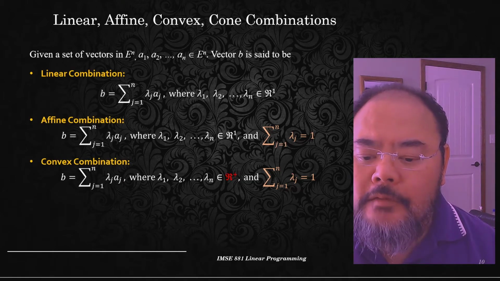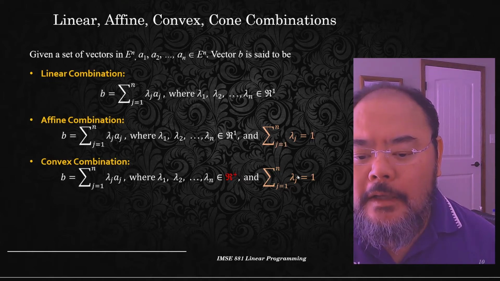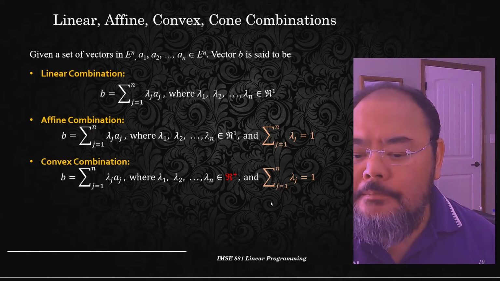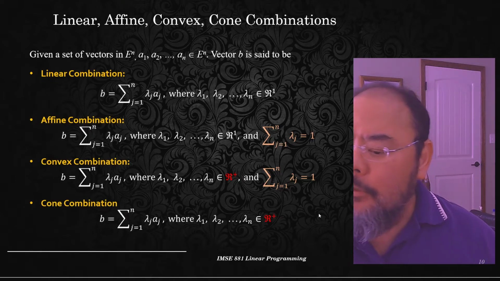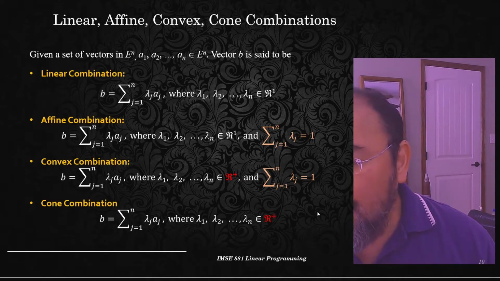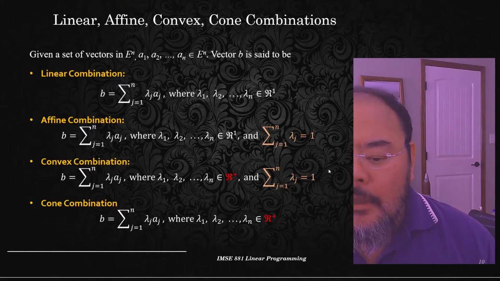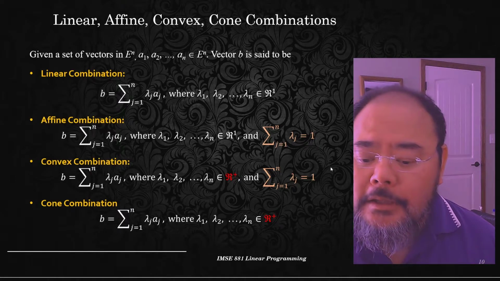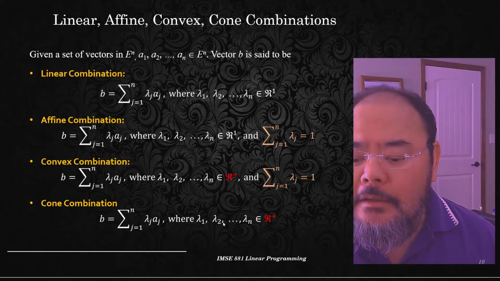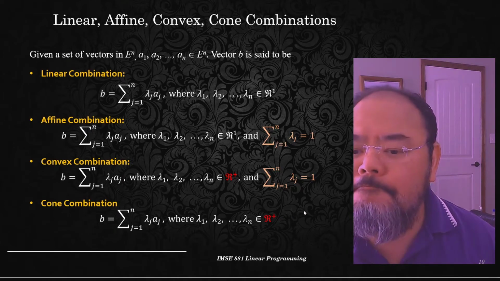We still have the constraint that the summation of lambda equals 1. The next one is the cone combination. The cone combination is the convex combination where we drop the constraint that the summation of lambda j equals 1, but we maintain that lambda 1 to lambda n have to be non-negative.